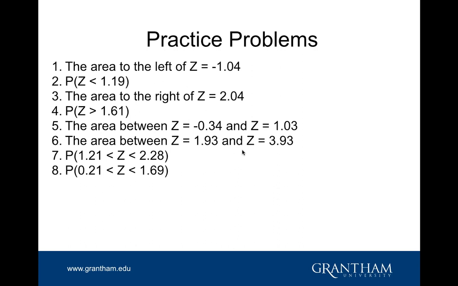Now, whatever is between negative 0.34 and 1.03, we're going to shade. We're going to shade it in a different color, gray or blue, similar to what we have seen in the graph before. Once we've shaded that area, we're trying to find out what that proportion or probability is that corresponds to that area. So let's go ahead and do that in Excel.